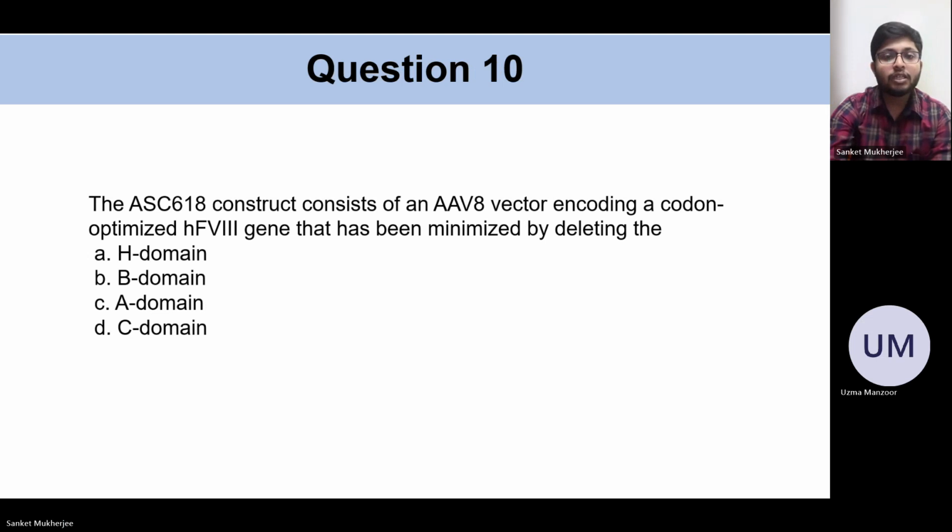So we're coming to the last question of the day. The ASC618 construct consists of an adeno-associated viral vector encoding a codon optimized HF8 gene that has been minimized by deleting the A domain, the B domain, the C domain, or the D domain.